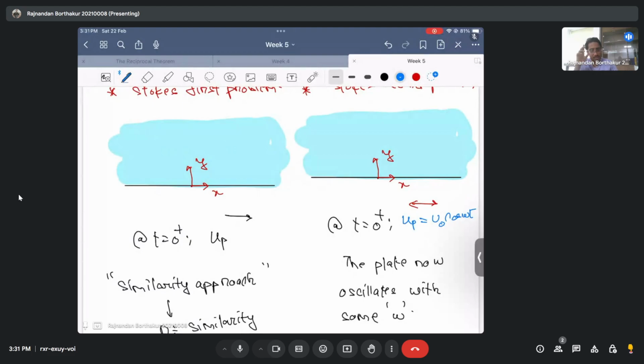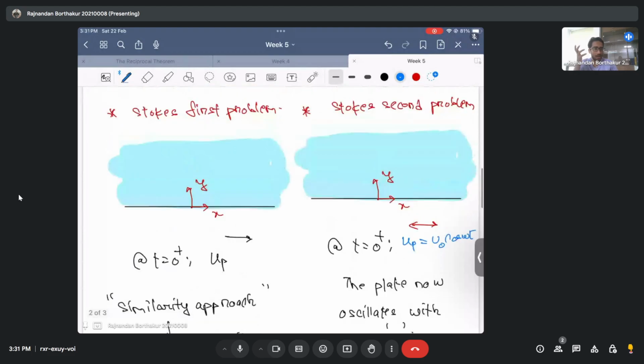Now, just by giving this tweak to the earlier Stokes first problem, your entire methodology for the solution changed. And if you remember, you seek something known as a time periodic solution. That is, you ignore the initial transients of the solution, and since my problem is oscillatory in time, I will look into the velocity profile, which in turn will be oscillatory.